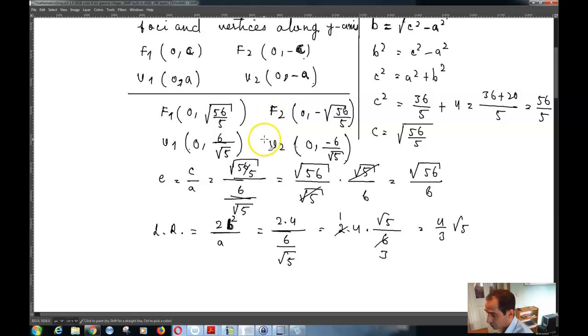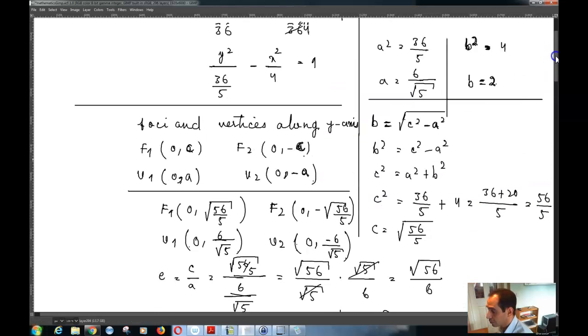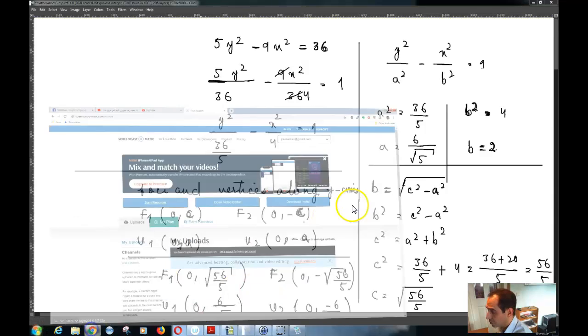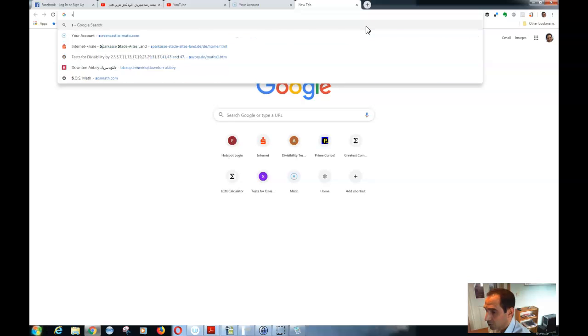We can actually test this. We can actually test the answers that we've gotten over here. I can graph this equation, meaning that you can always go to, for example, let's see if Desmos does this kind of thing.